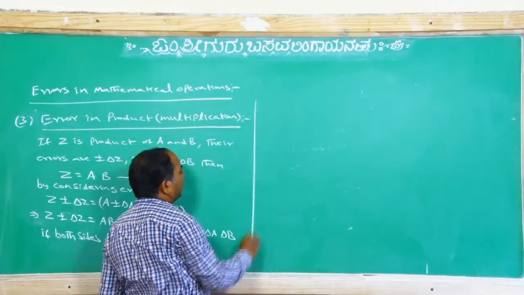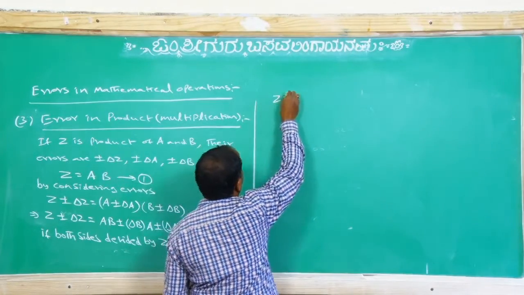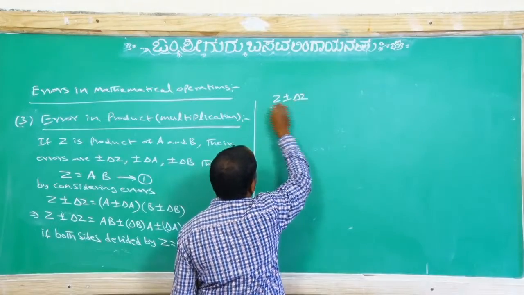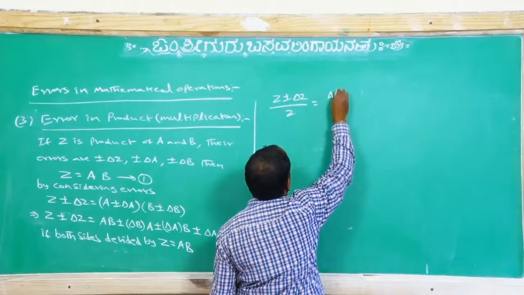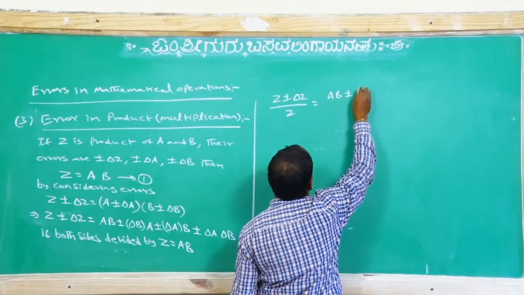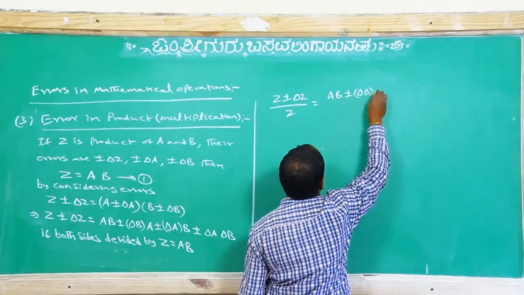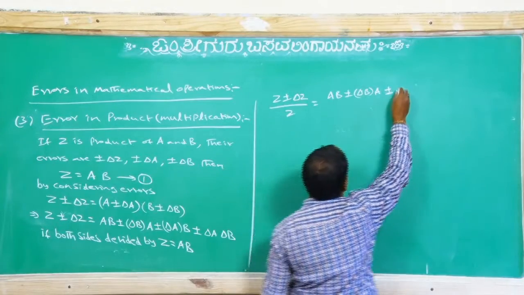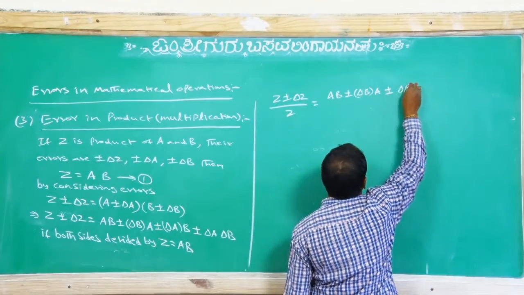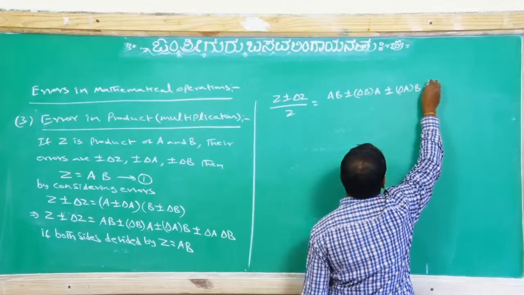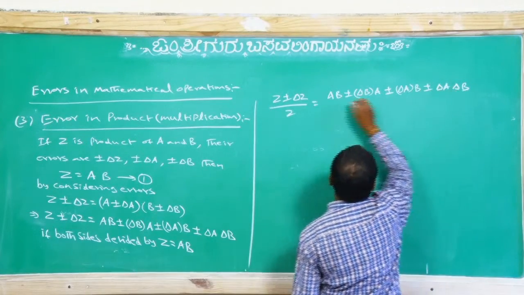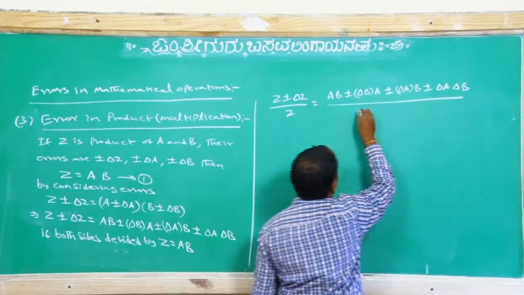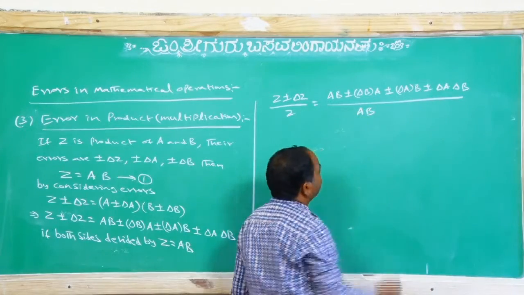Then how do you write it? Z plus or minus delta Z by Z is equal to A into B plus or minus delta B into A plus or minus delta A into B plus or minus delta A delta B, divided by AB.